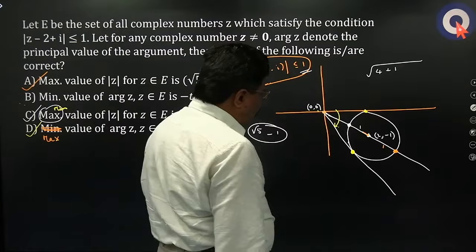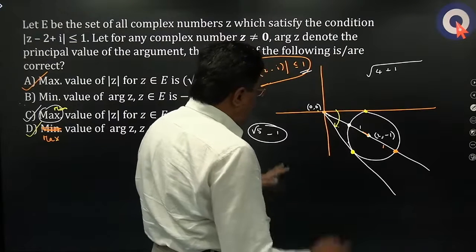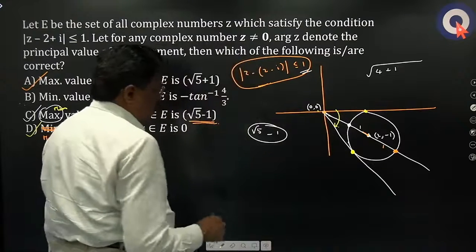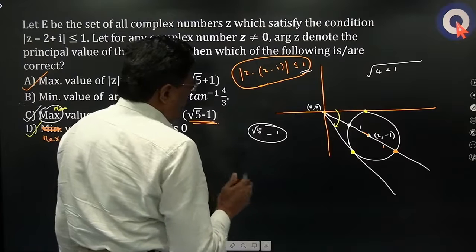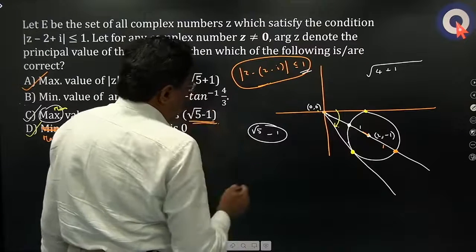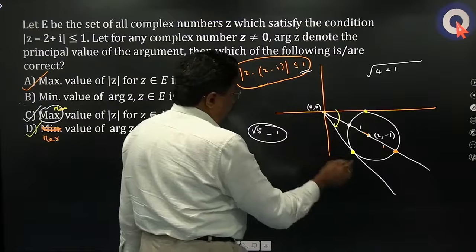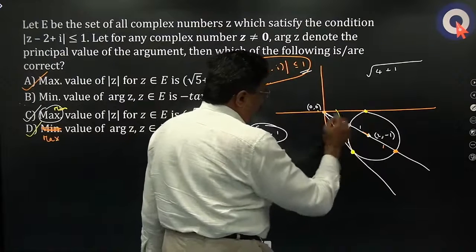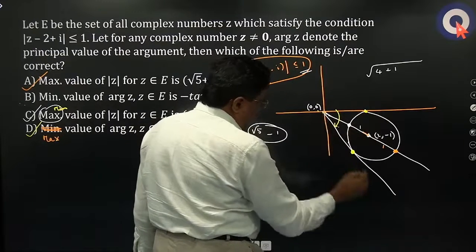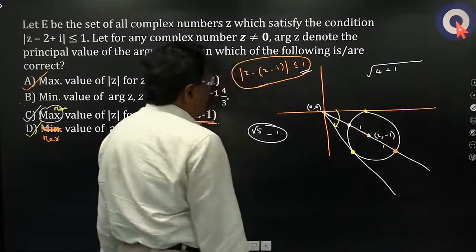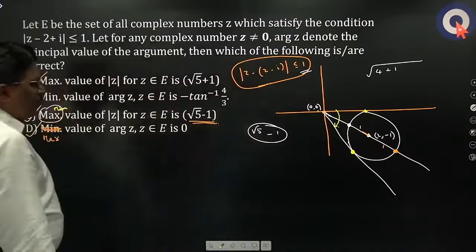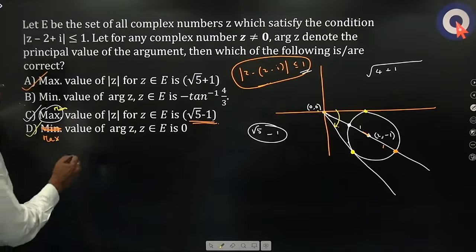To find out this value, we shall use the circles concepts. So what shall we do? We shall find the combined equation of tangents. After all, the x-axis is one tangent and this line is also one tangent. So the combined equation of tangents drawn from the point 0, 0.